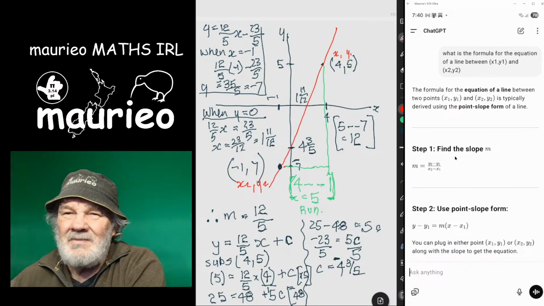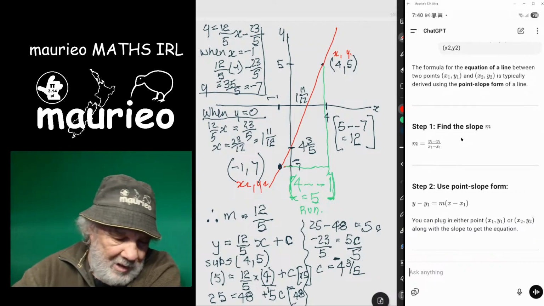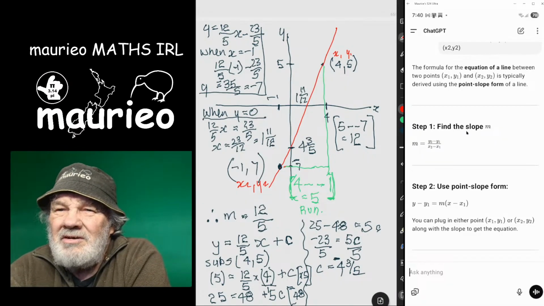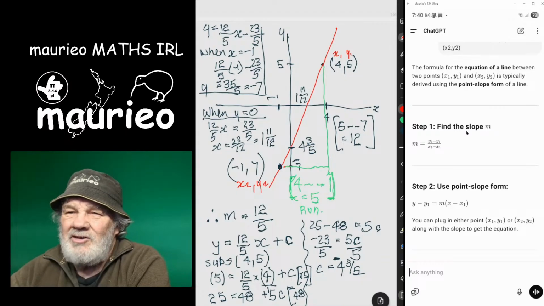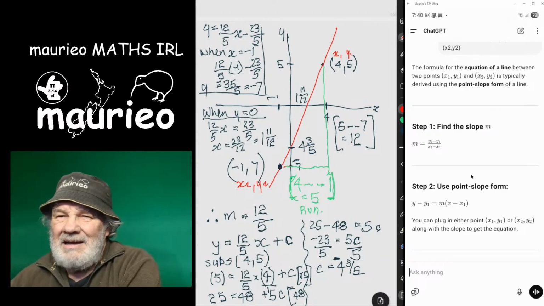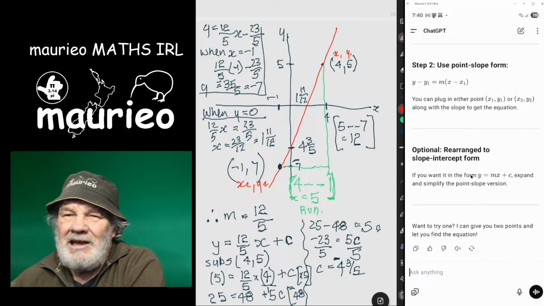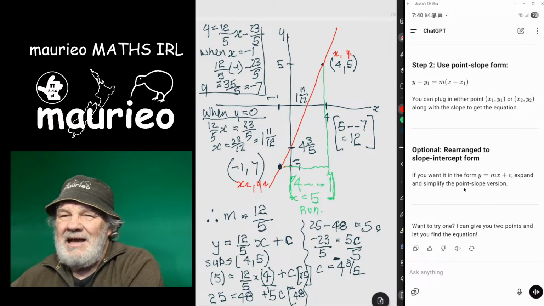It's calculated the slope, which is what I did first, and then it's put that into point slope form: y minus y1 equals m times x minus x1. So you can just poke it in, rearrange, and then you get it.